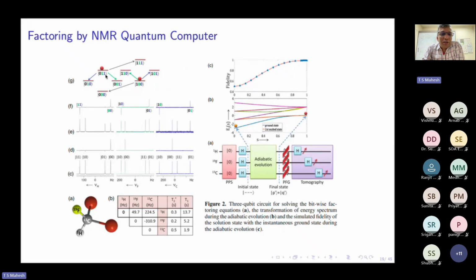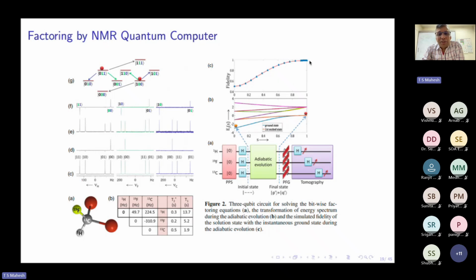If you find out what states they correspond to, they are 0, 1, 1 and 1, 0, 0, and those are the ground state, because initially you started with the ground state of the beginning Hamiltonian. Since the evolution is adiabatic, the system always remains in the ground state. So finally you reach this Hamiltonian that encodes the factors.